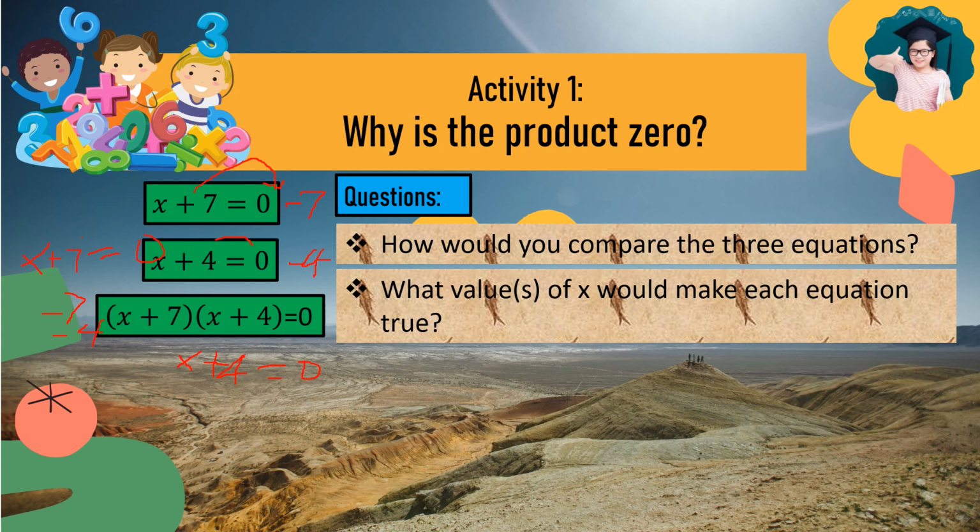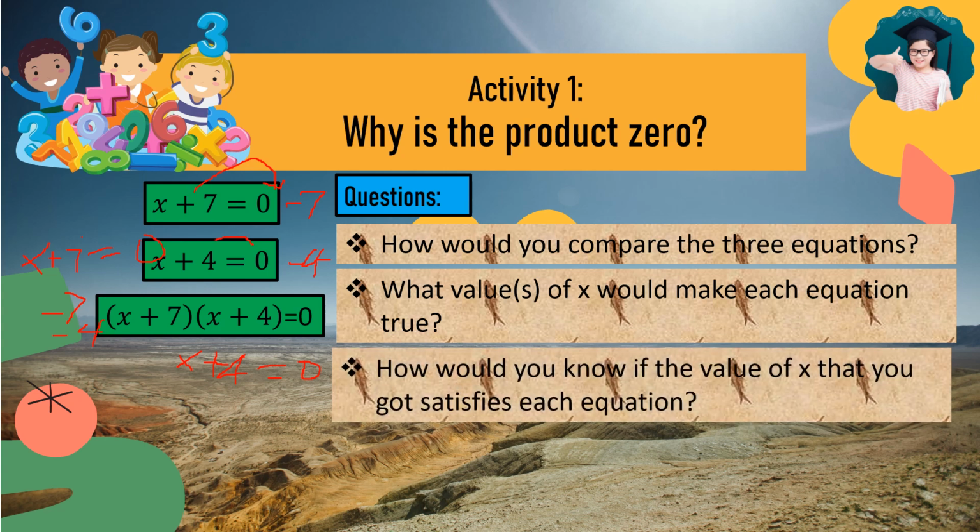Alright, so let's continue with: how would you know if the value of x that you got satisfies each equation? That's very easy. What you're going to do is just substitute x with the solved value. If you put negative 7 instead of x, you're going to have negative 7 plus 7 is 0. So that's correct.